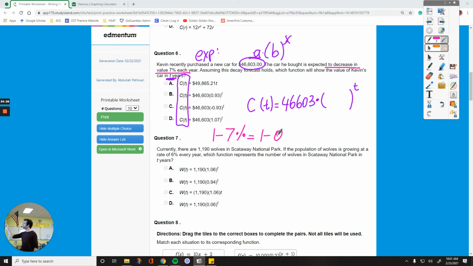So 1 minus 0.0127. So subtract these two, the answer is going to be 0.993, which goes in the parentheses. Looking at the options we have, this is interesting. It's not going to be any of them.